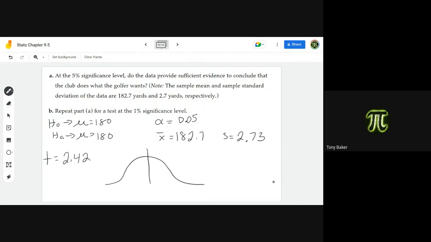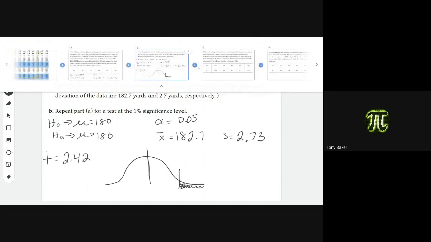So what kind of tail was this one? Right, so we're looking at over here. All right, so now I've got to find my t, correct? So let's find my t.